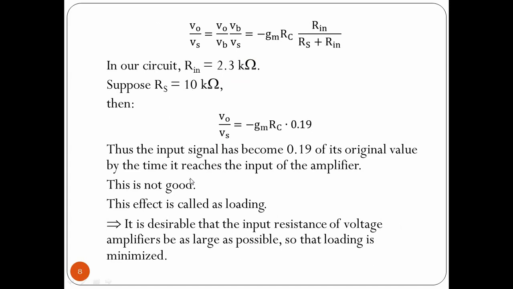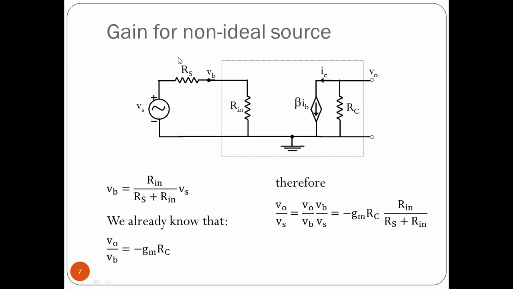So the point is that we want this attenuation to be as small as possible. And given that usually we have no control over RS, because RS is the source resistance of the signal, the signal is coming from somewhere, we can't really control what RS is.